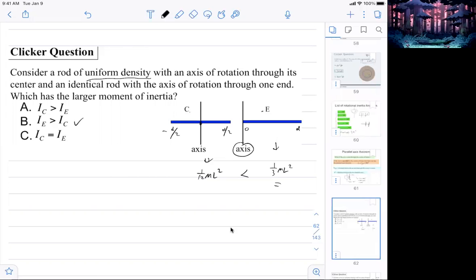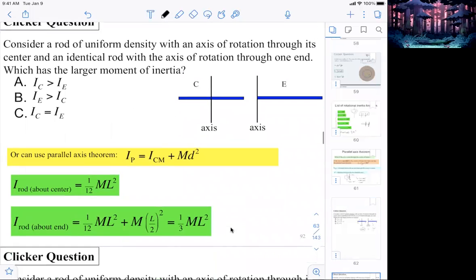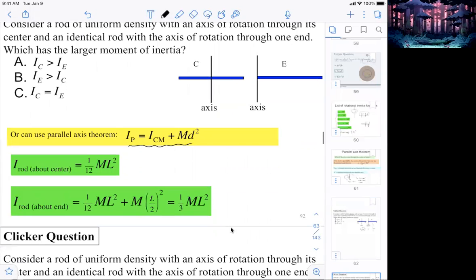You could also argue that this one is through the center of mass, and we know that is 1/12. Now this one is through another axis that is at a distance away, so you could use the parallel axis theorem to calculate it. The center of mass rotational inertia is 1/12 ml squared, plus m times the distance squared. The distance from this new axis to the center of mass axis is L/2.